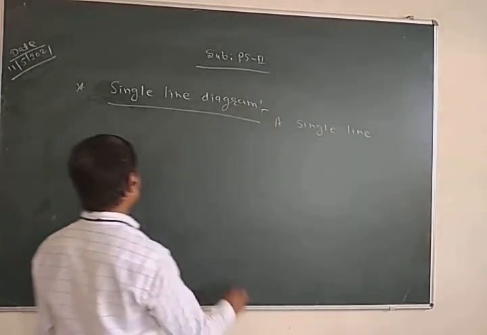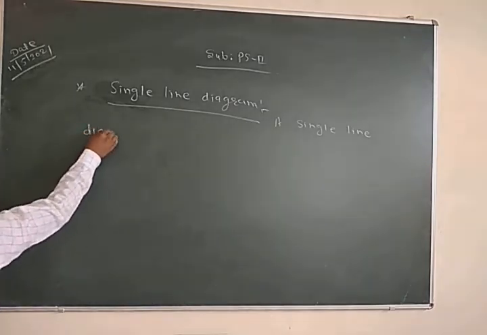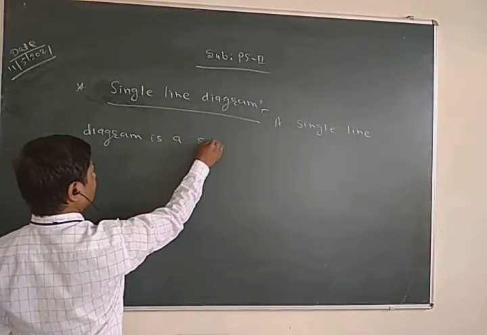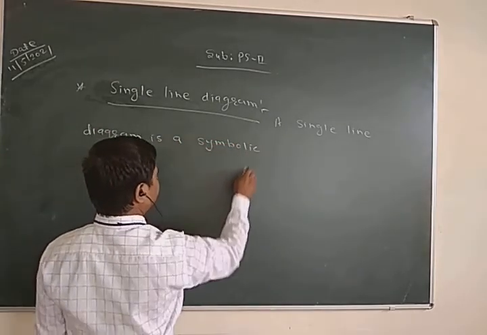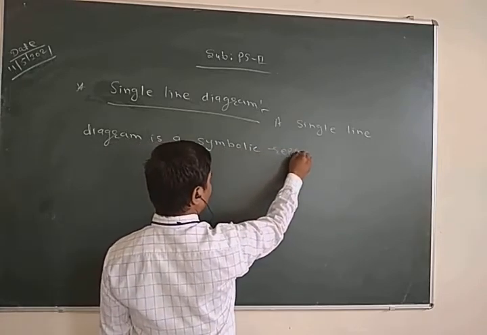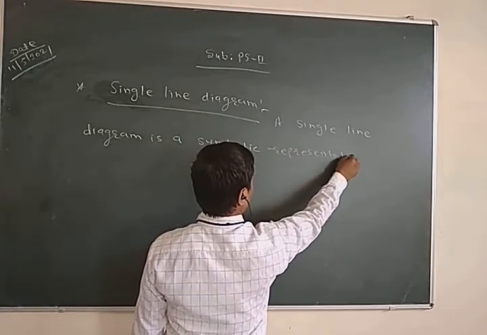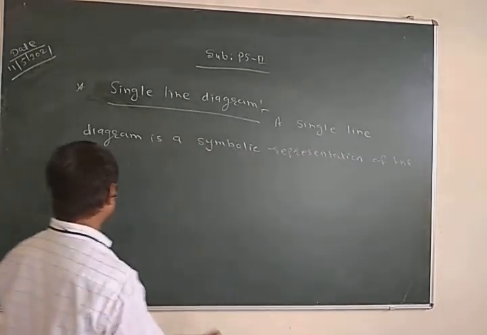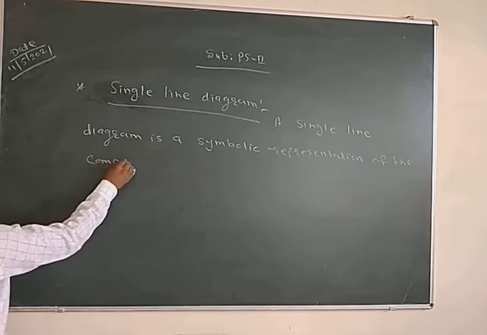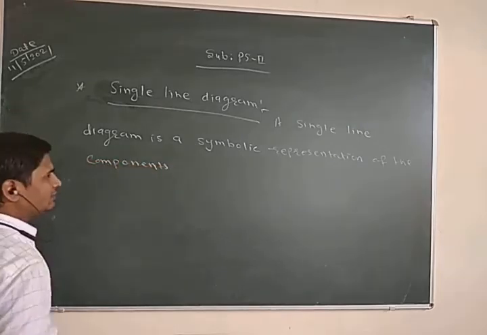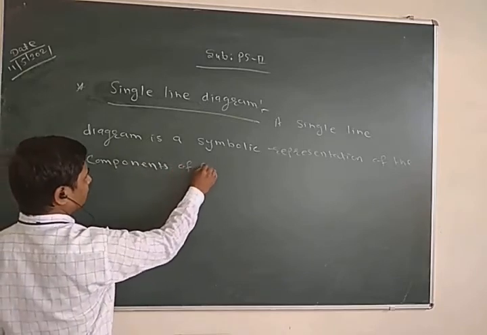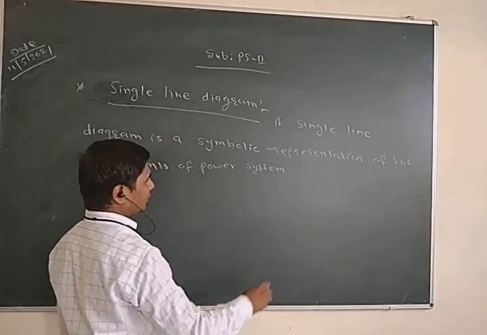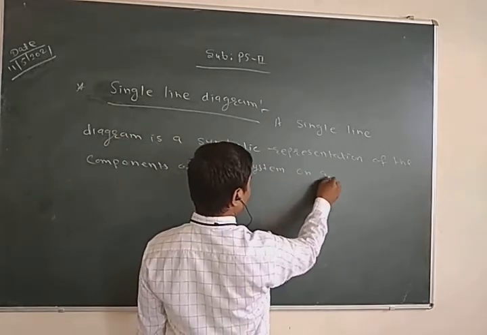A single line diagram is a symbolic representation of the components of a power system on a straight line.